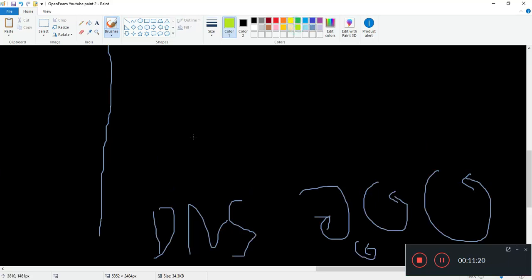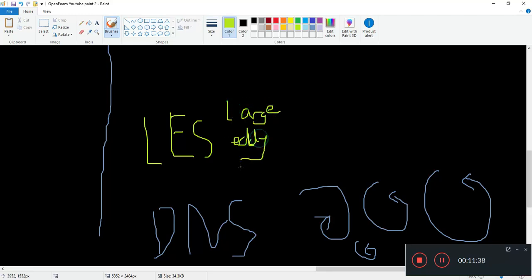So what happens if I want most of the benefit of DNS, I want the accuracy, but I want to lower some computation cost? This is where LES, or large eddy simulation, comes in.